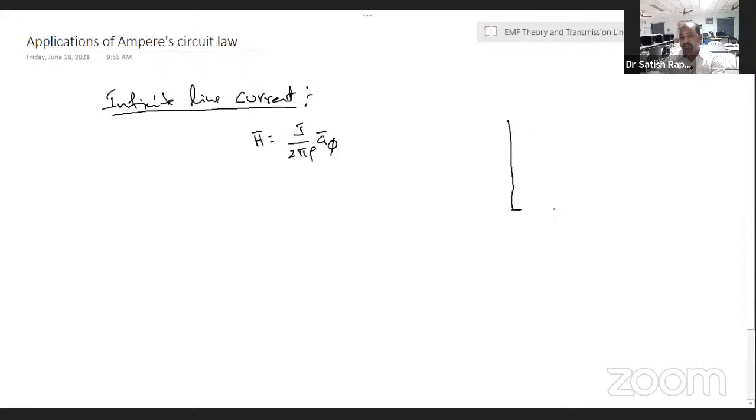So let us say x-axis, y-axis, and z-axis.